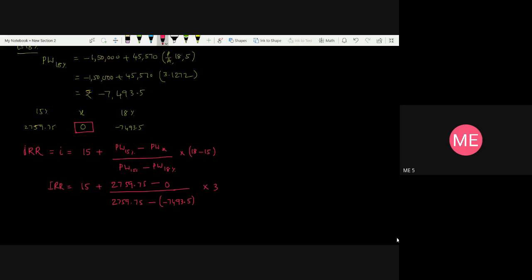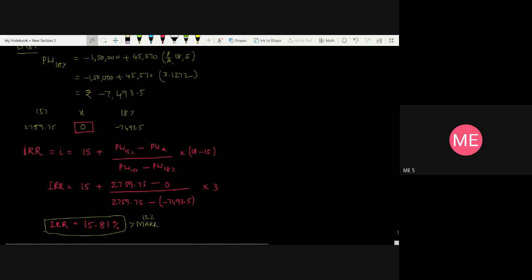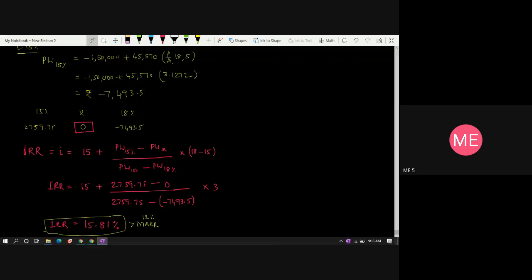By simplification I'll be getting 15.81%. This is greater than the MARR, because MARR is 12%. So yes, this can be acceptable, but after checking alternative 2 and alternative 3, then we can choose the best one.